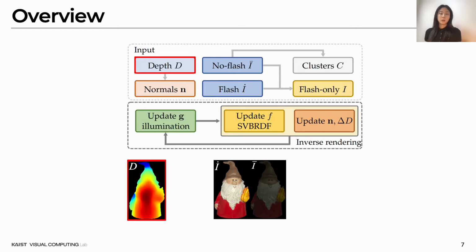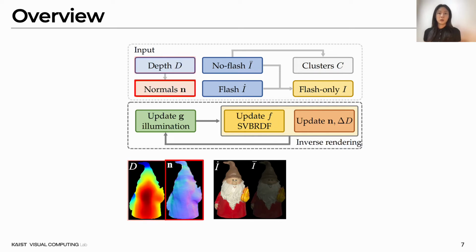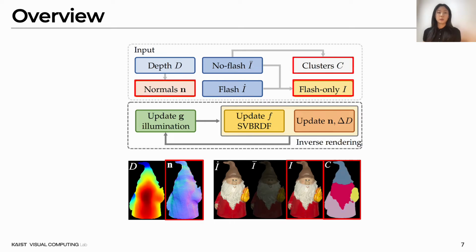Now, I'll give you an overview of our method. First, from the coarse depth map, we compute initial normals. From the flash and no-flash images, we compute a flash-only image while assuming the flashlight as a point light source. And from the no-flash image, we cluster colors for material segments.